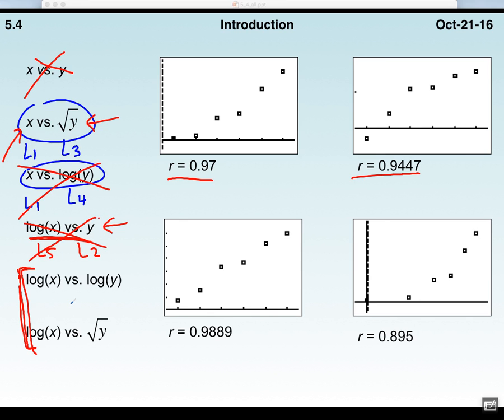The residual plot should be L1 versus the residual list. But your residual list comes from the last regression that you did. So did you guys do the regression between L1 and L3? Yeah. Okay, so once you do that, then do the plot of L1 versus the residual list.